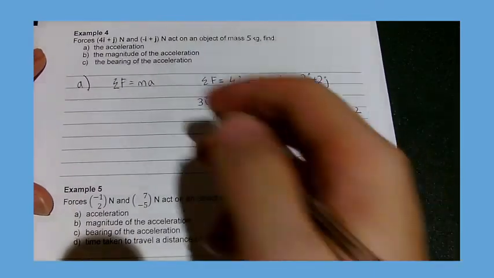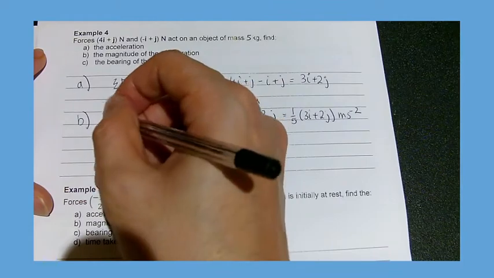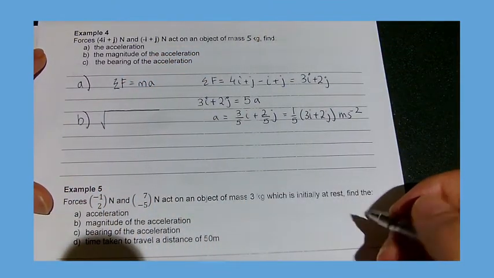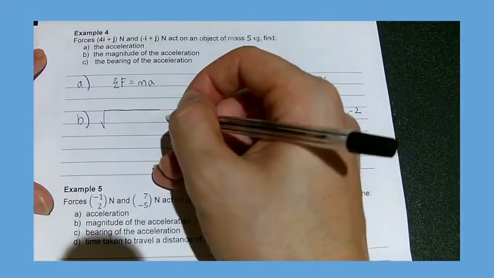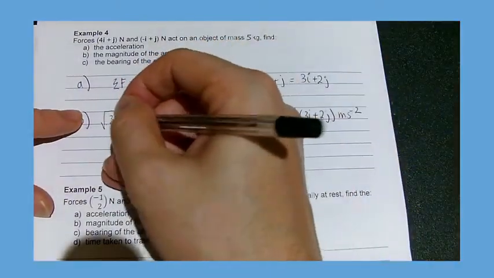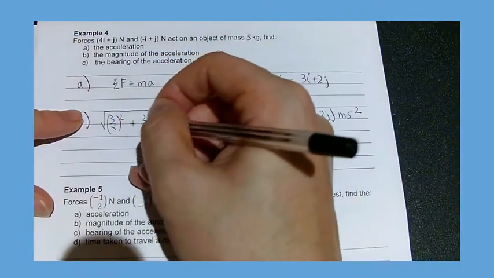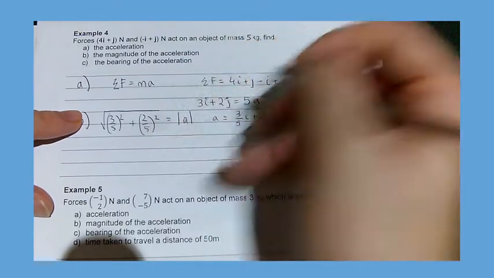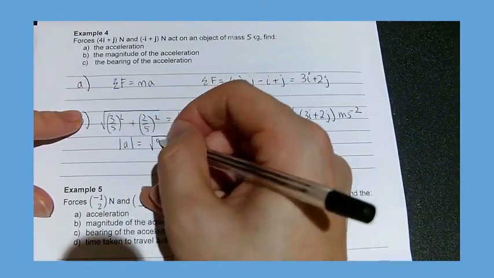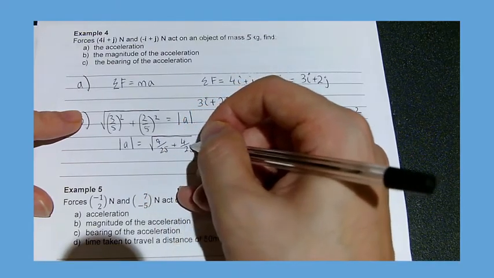Right. Now part B, find the magnitude of this acceleration. So again, we're going to use the Pythagoras of the vector to give us the magnitude of acceleration. So we've got to do 3 over 5 squared plus 2 over 5 squared to get 9 over 25 plus 4 over 25.